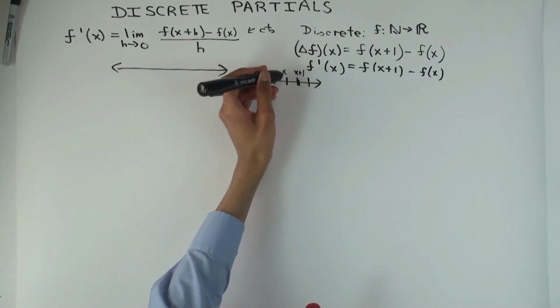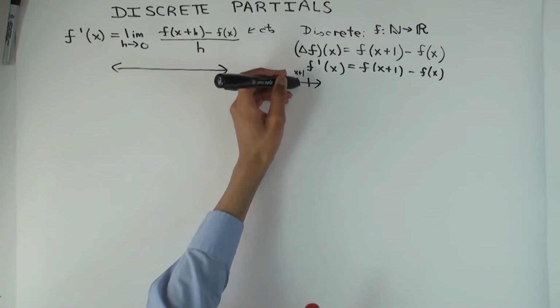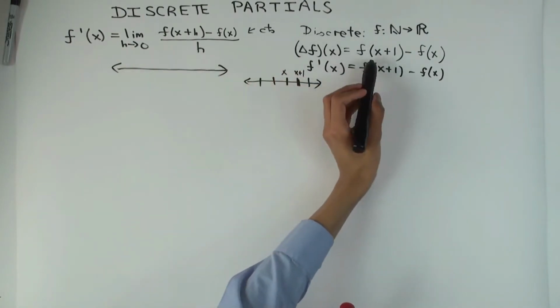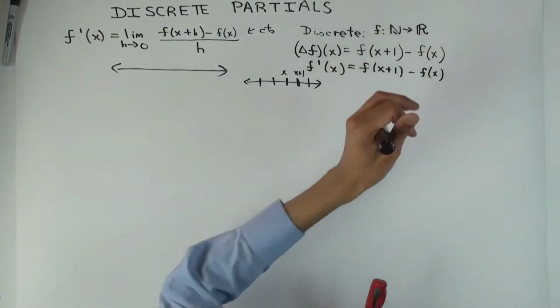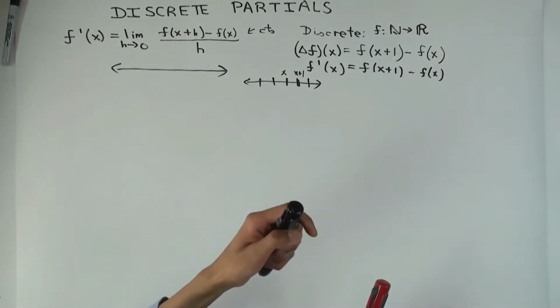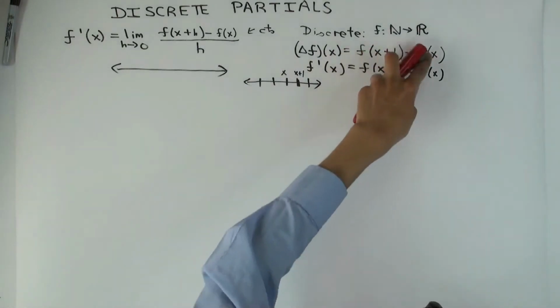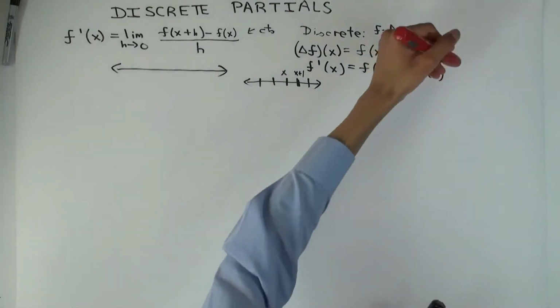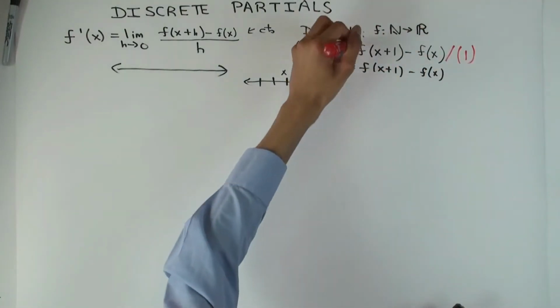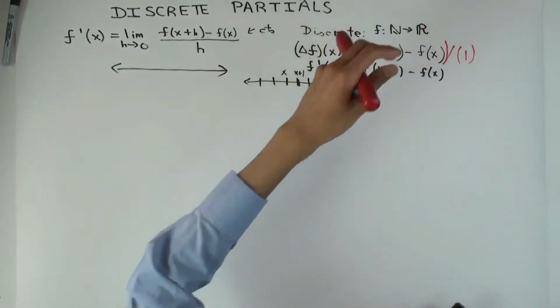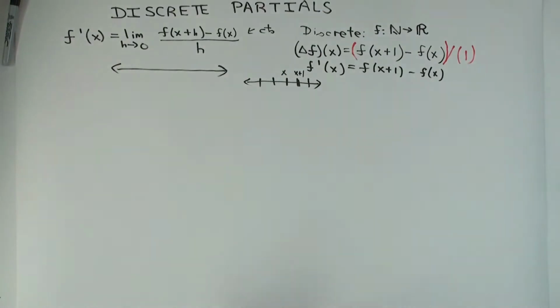And in that case, you can take the difference quotient of f between x and x plus 1. That would be f of x plus 1 minus f of x divided by 1. Why 1? Because the difference of these two is 1. But division by 1 doesn't affect anything, that's why I didn't write it down. So just f of x plus 1 minus f of x.